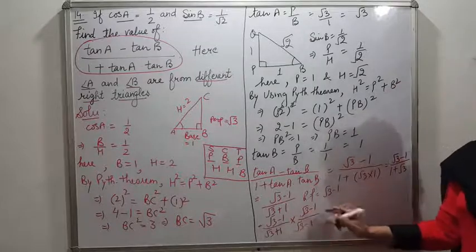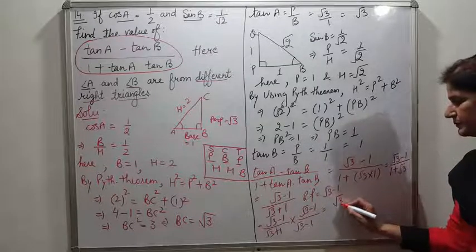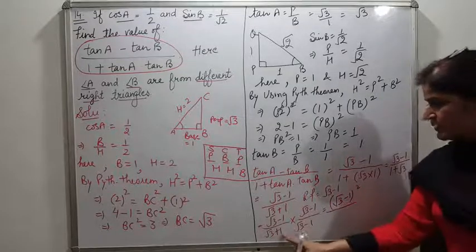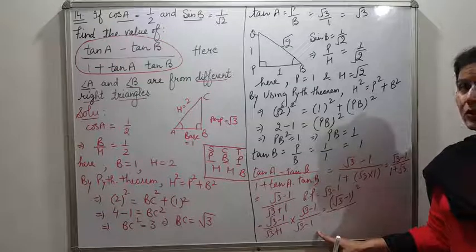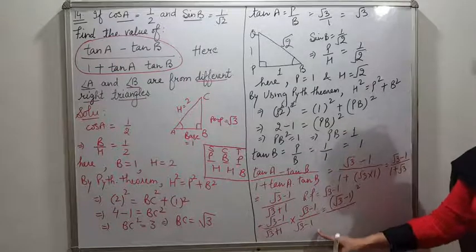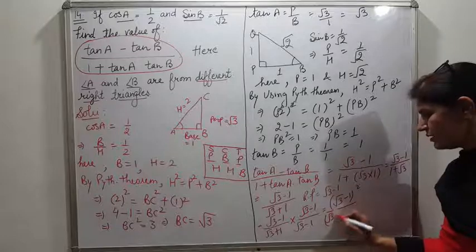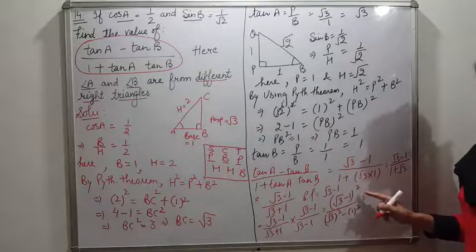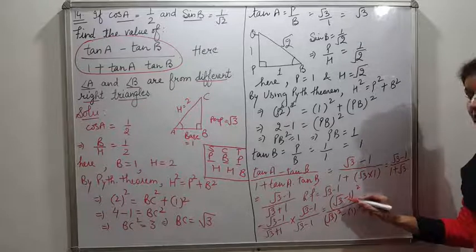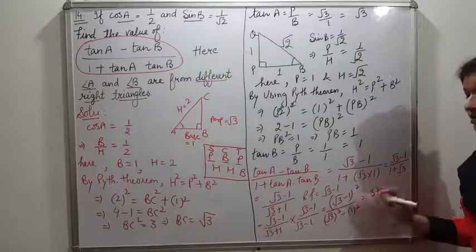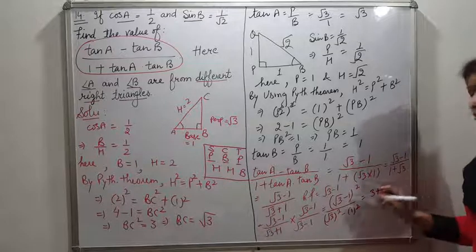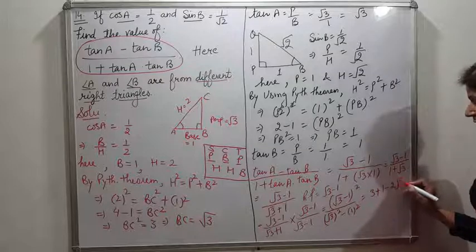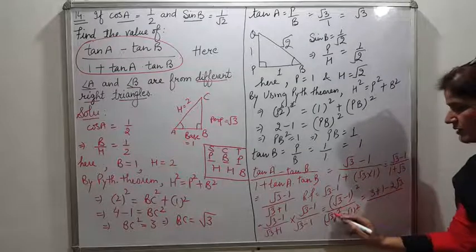Here a minus a becomes square, and below a plus b, a minus b, we will follow the difference identity, a square minus b square. That means square root 3 minus 1 square. Here we apply a minus b whole square. A square means root 3 square is 3, b square 1 square is 1, minus 2, twice of their product. 2 into 1 is 2 into root 3. So 2 root 3. Here this square root is cancelled.